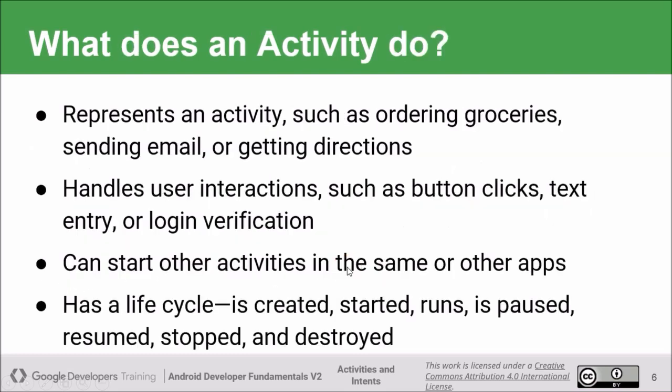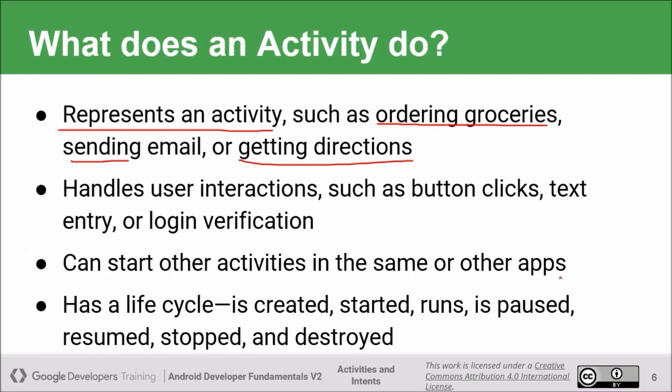So let's move on and see what an activity does. An activity represents an action such as ordering groceries online, sending an email, or getting directions. These are all called activities. It handles user interactions such as button clicks, text entry, and login verification. All these operations are handled by an activity, and it can start other activities in the same or other apps.